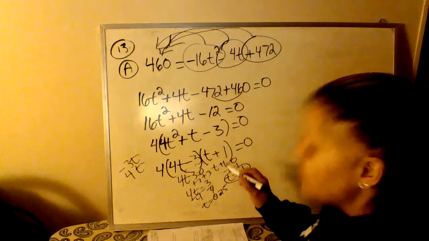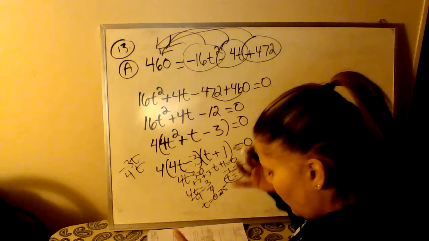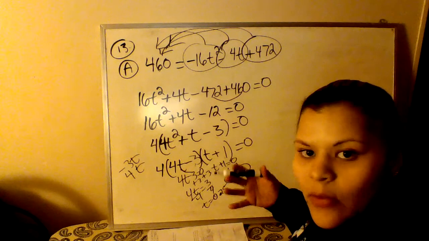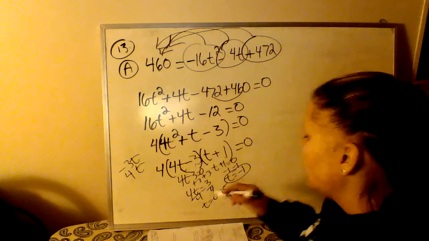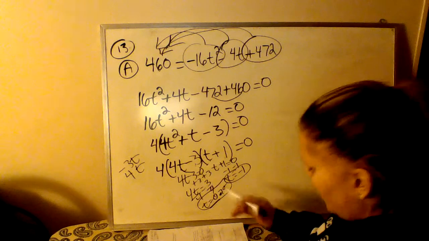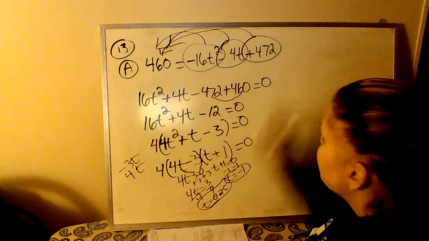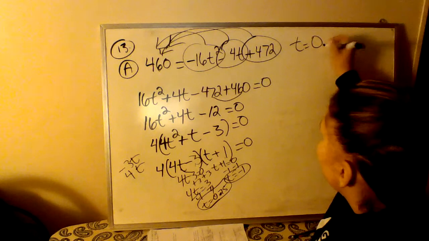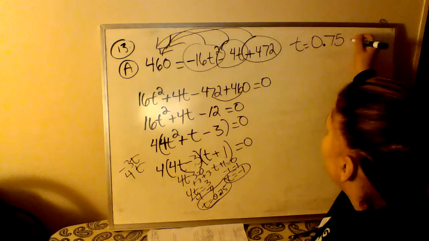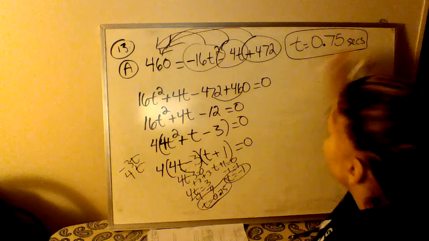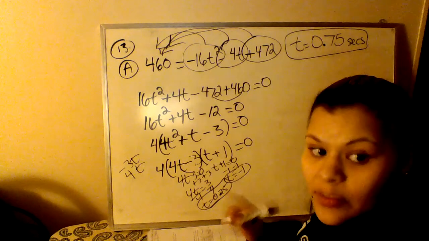Now, because this is talking about rocks falling off of buildings, when these types of questions come up, we only take the positive number. We don't need the negative. So for part A, your time is 0.75 seconds. Okay, so that's part A.